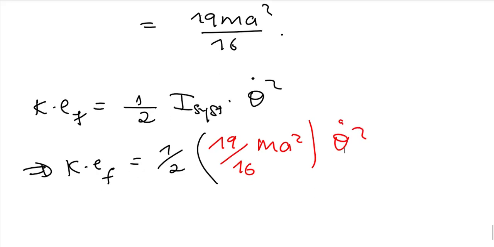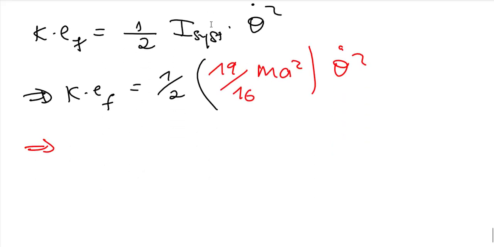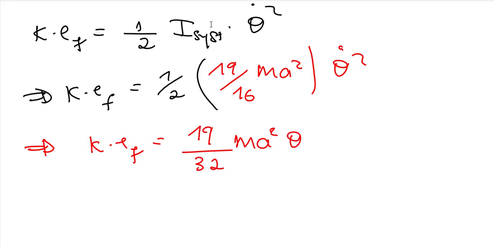And so if we rearrange, we have KE final equal to 19 times 2 times 16, which is 32. So we are going to have 19 on 32 ma squared theta dot squared. So that's the expression of the kinetic energy final.